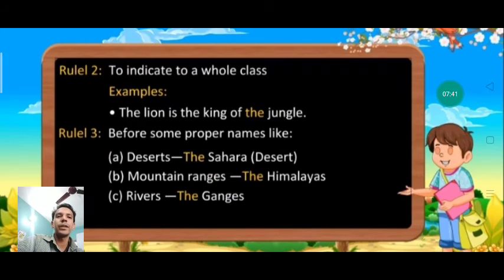One more thing: the is used before proper names. This is rule 3, before some proper names like deserts. Example: the Sahara. Mountain ranges: the Himalayas. Rivers: the Ganga.